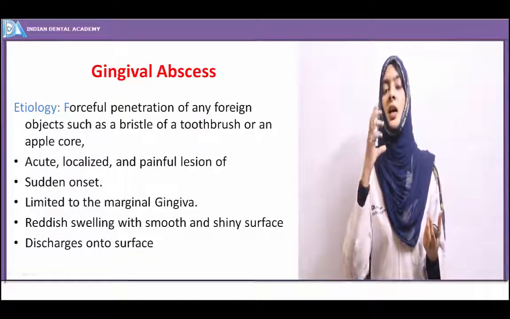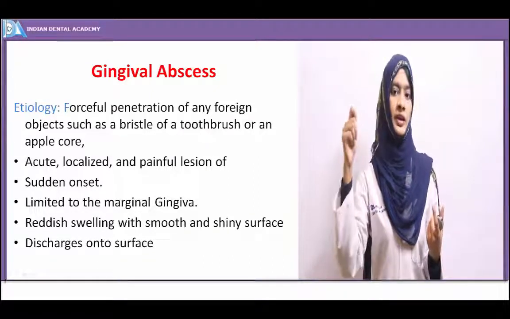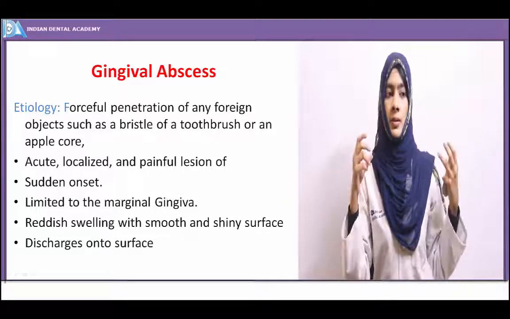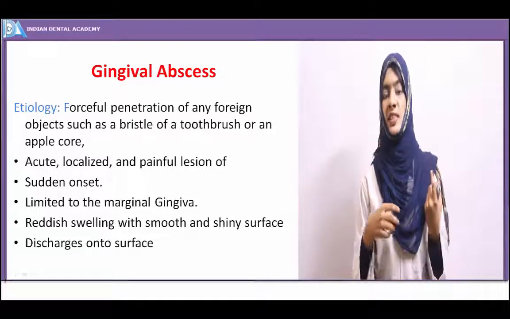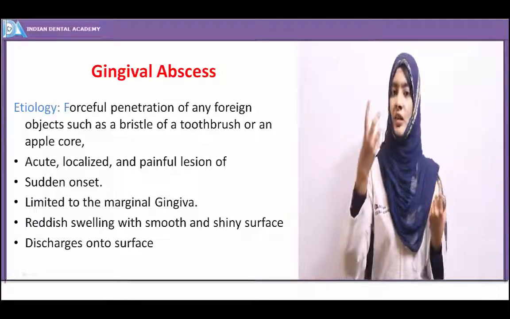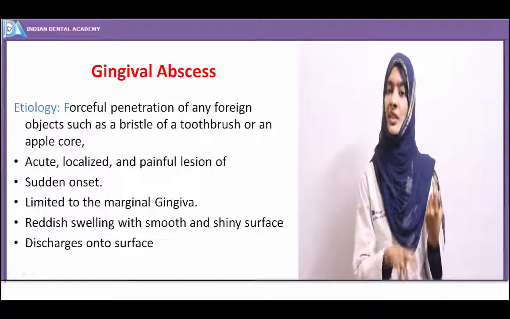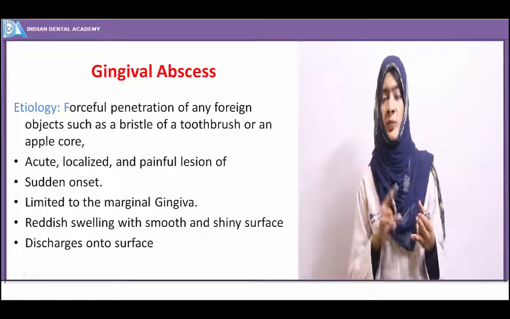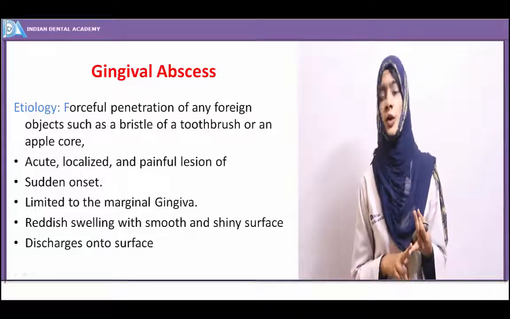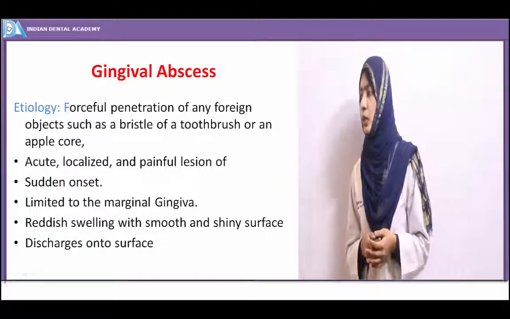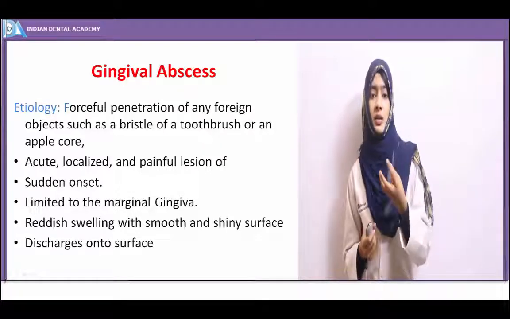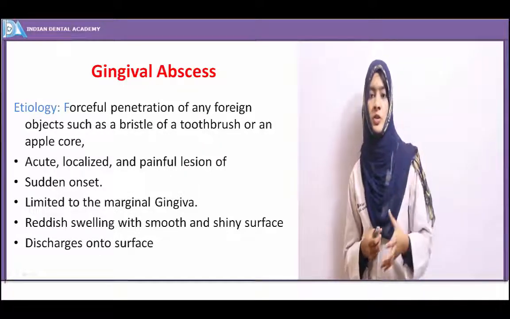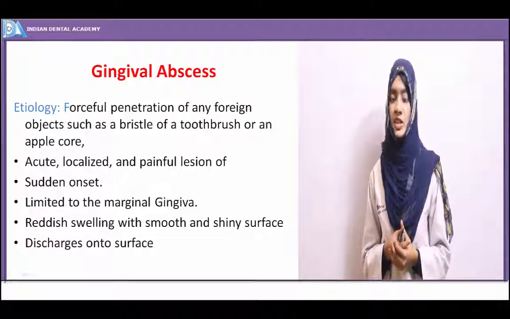Whenever you penetrate the bristles or some material deeper into the gingival sulcus, they tend to carry bacteria with them. Once the bacteria reach the gingival sulcus, they proliferate, inflammation starts, invariably leading to production of pus. Or sometimes food material or a foreign object may also get implanted into the gingival sulcus.